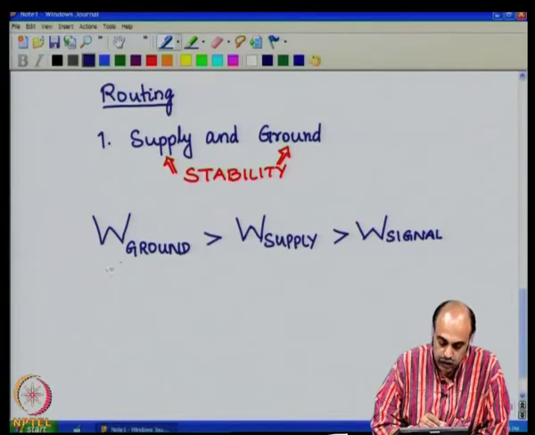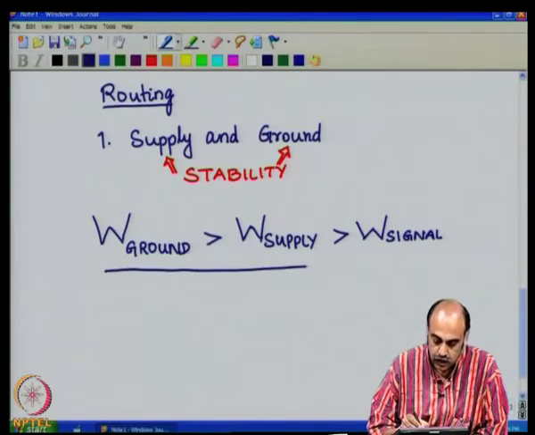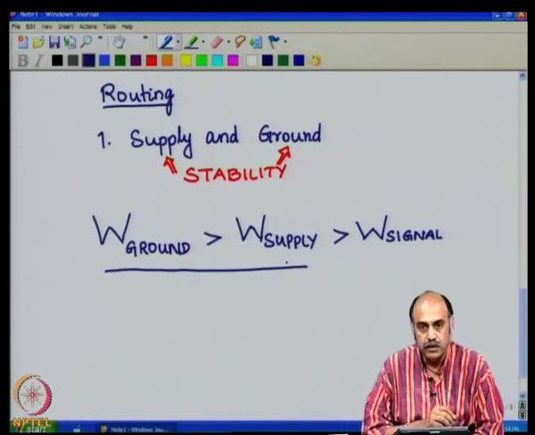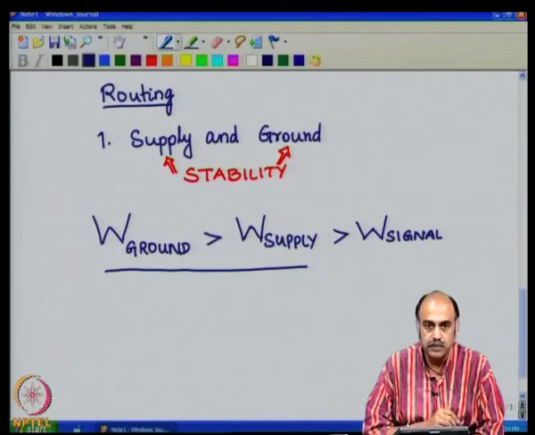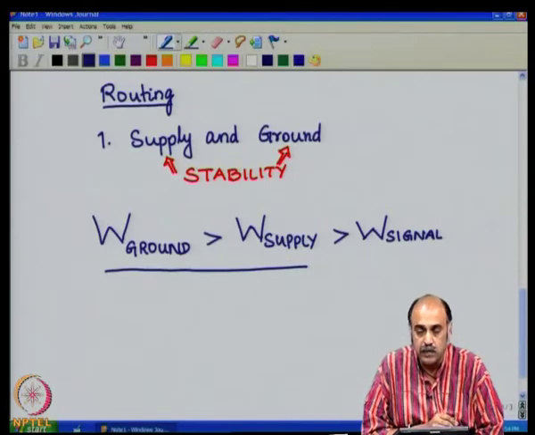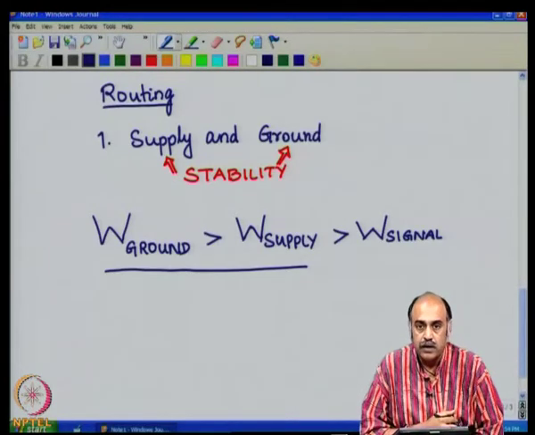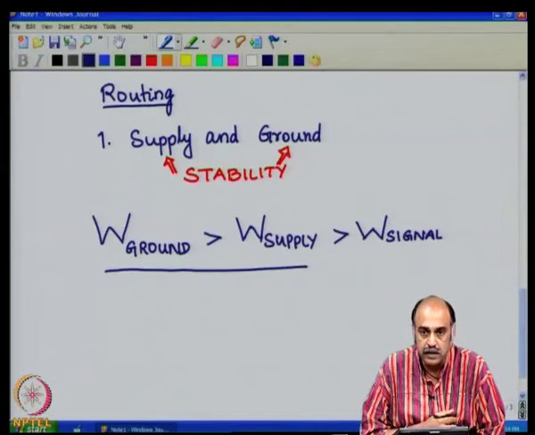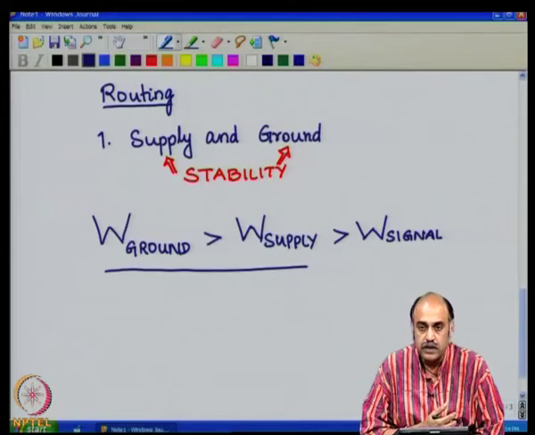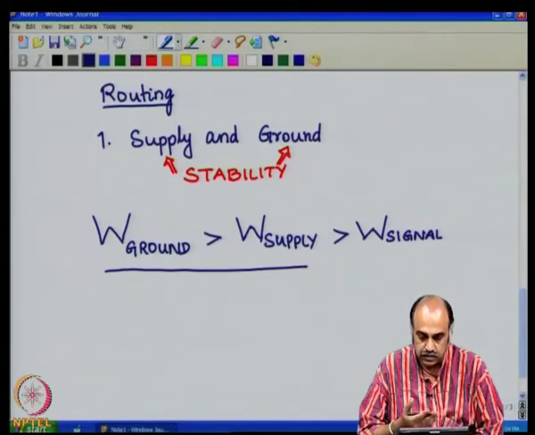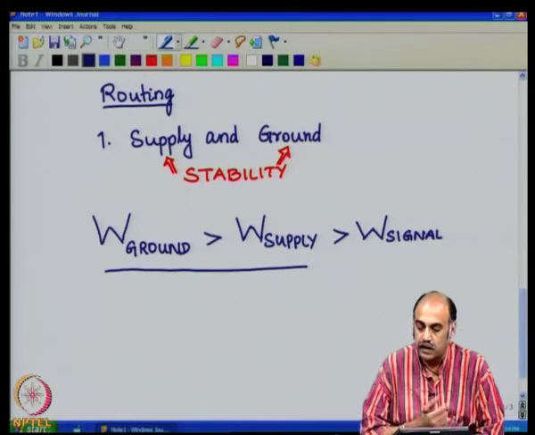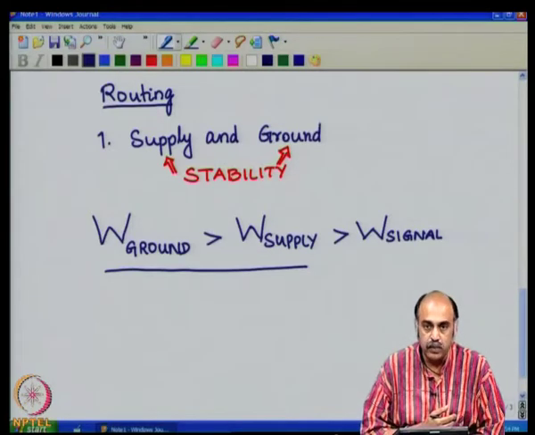This is important in the sense that we want a very low impedance between the supply and ground, large capacitance between supply and ground, so that it is able to supply the spiky currents of the digital circuits, such that you have a distributed decoupling capacitor already running along the printed wiring board.